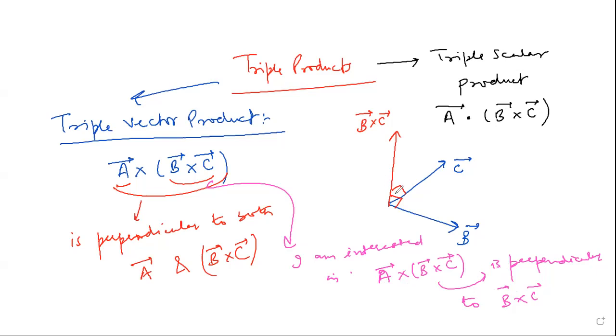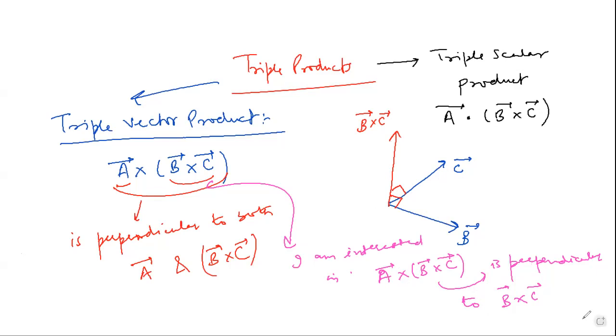If it is perpendicular to B cross C, it must lie in the plane formed by B and C. Only that way can it be perpendicular to B cross C, right? Because B and C are two vectors, and B cross C is perpendicular to the plane formed by them because it is perpendicular to both. So if A cross B cross C is perpendicular to B cross C, it will lie in the plane formed by B and C, right?